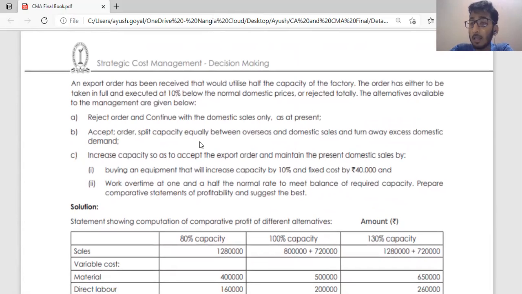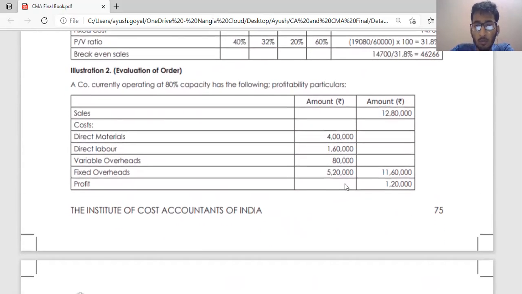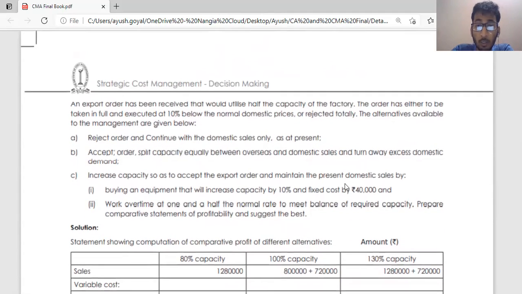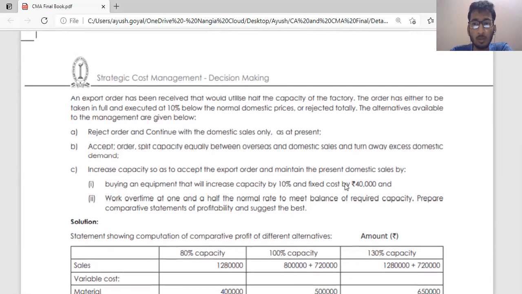The order has either to be accepted in full and executed at 10% below the normal domestic price, whatever the normal domestic price is.